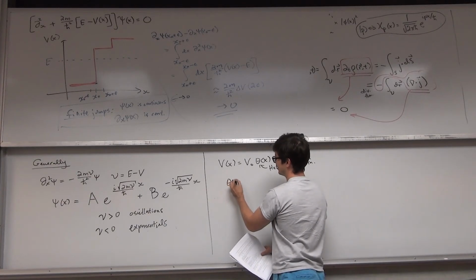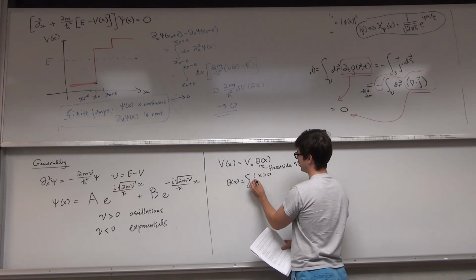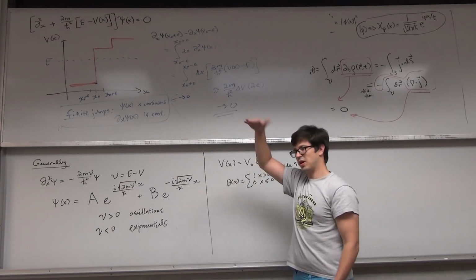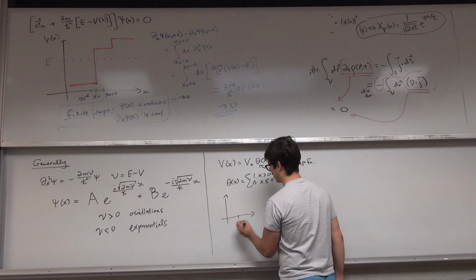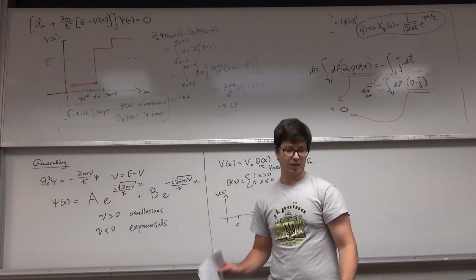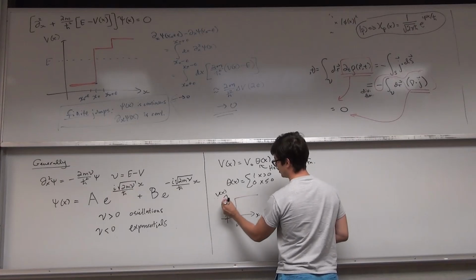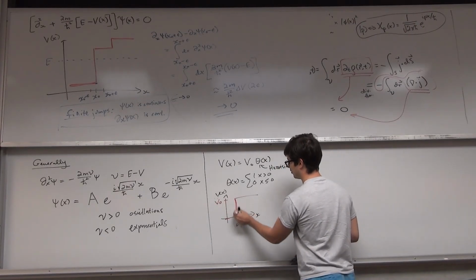So theta of x is 1 for x bigger than 0 and 0 for x less than or equal to 0. So just go 0 to 1. It's a step. So this is x, V of x. It just goes from 0 to some V naught, like that, and it does that at 0.